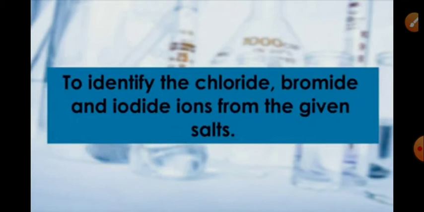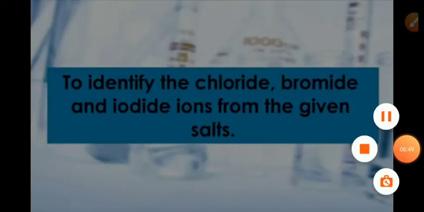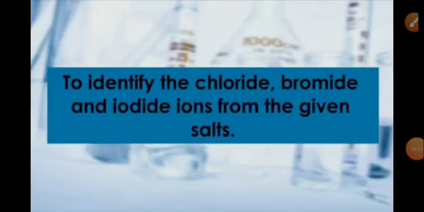So first of all we will prepare the solutions of these salts in beakers, and before preparing the solution we have to label the beakers as A, B and C. In beaker A we will make potassium chloride solution.